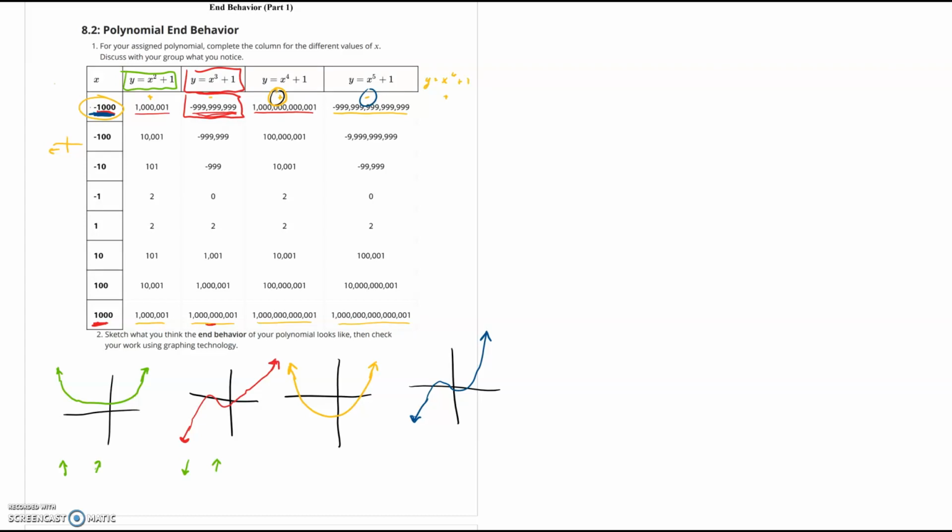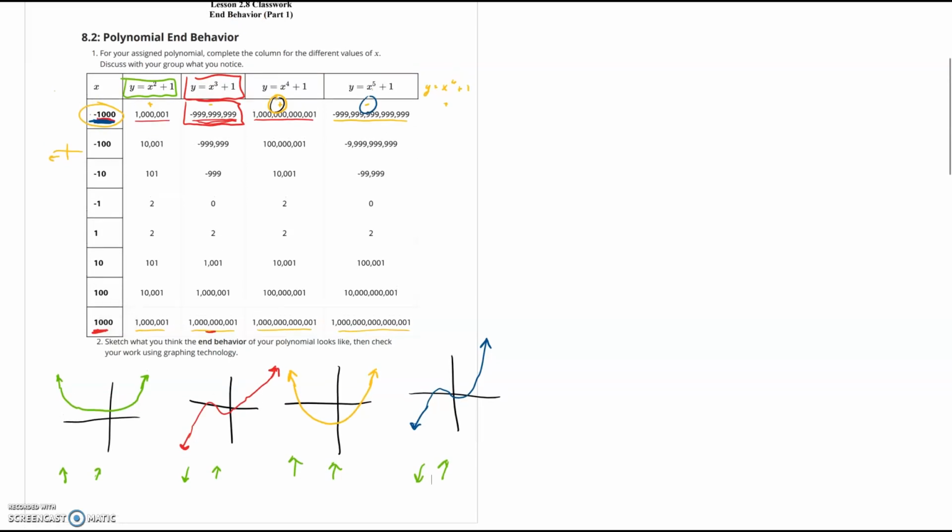The fourth degree goes up on the left and up on the right. And the fifth degree goes down on the left and up on the right. So that's kind of what we're looking at when we're looking at end behavior. And we see why, and the reason really has to do with what happens when you square it, cube it, raise it to the fourth power, and raise it to the fifth power.